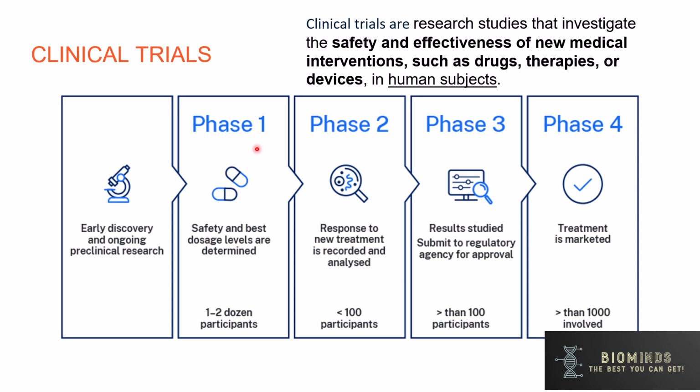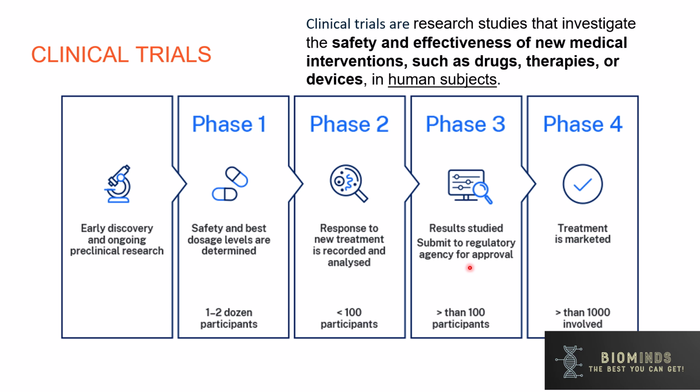Okay, so phase 1 is safety based and dosage levels are determined. Phase 2, the response to the new treatment is recorded and analyzed. Phase 3, the results are studied and submitted to the regulatory agency for approval. Okay, so these clinical trials are very well regulated.